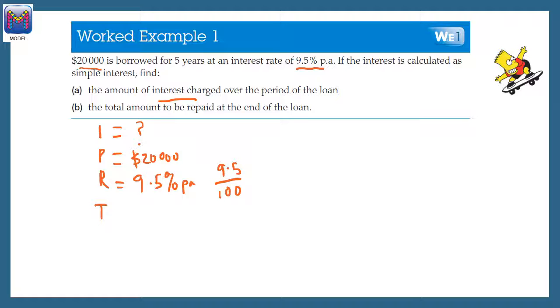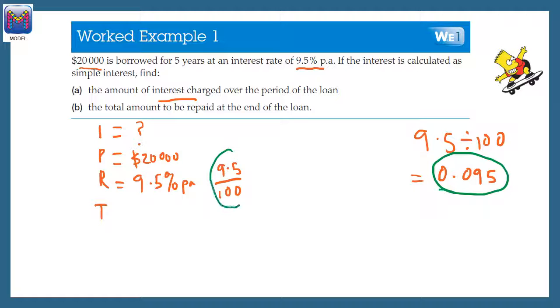If you put that into your calculator, 9.5 divided by 100 is 0.095. That's what it'll tell you. You can put this figure into your calculations, or you can just make your life easy and use 9.5 over 100. I'll show you that in a second.